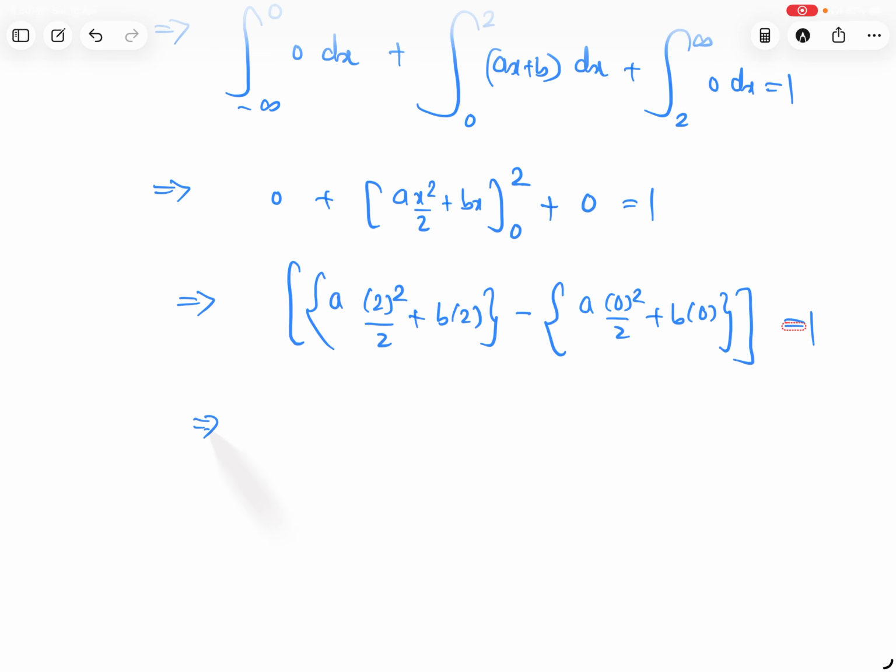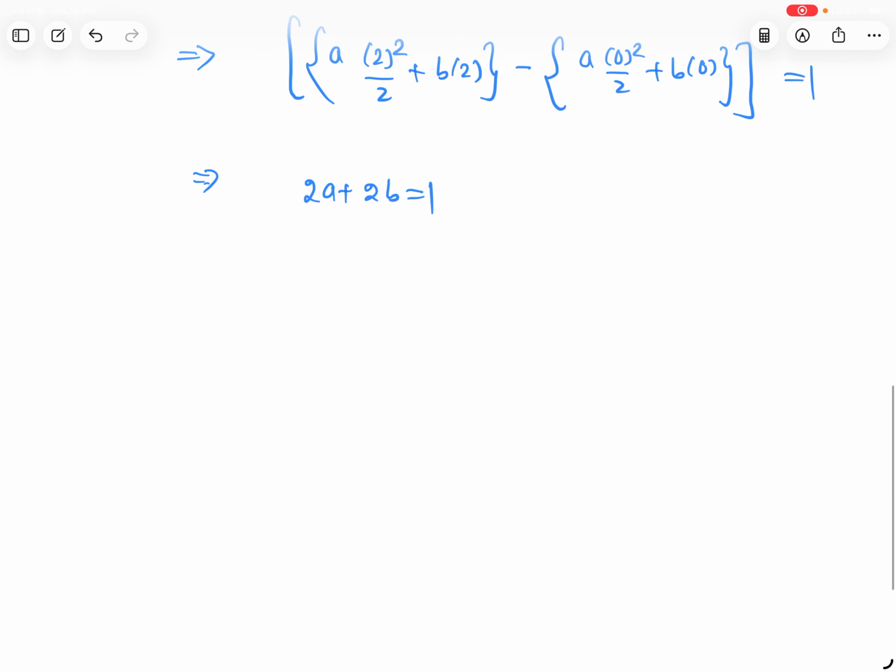After solving it, you get 2a + 2b = 1. You can take 2 common, so a + b = 1/2. Let's say this is equation number 1.